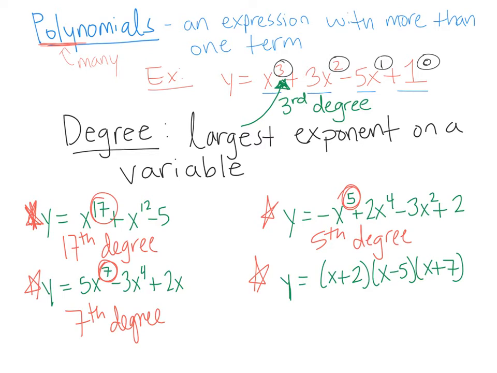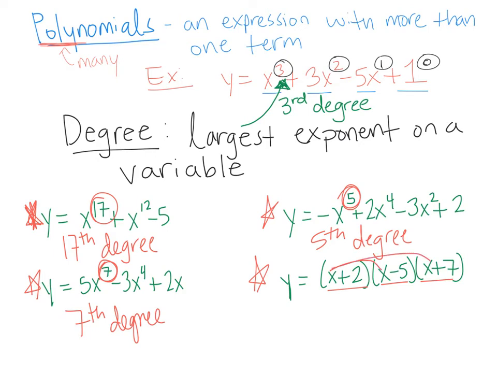Oh, this is a little tricky. I did this on purpose because the largest degree technically on all the variables is 1. But you are thinking about this in standard form. So if you multiplied all of these guys out, if you FOILed all of these out, your very first term would be x times x times x.